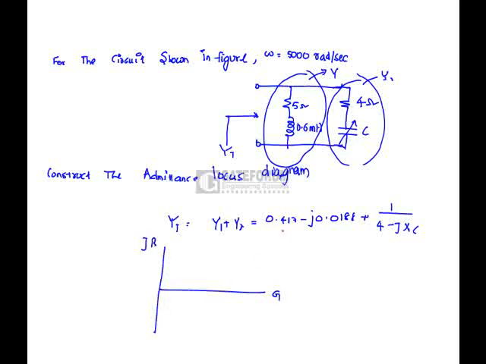Here this is going to be minus j0.0188, this is 0.417, this is the y1. Whenever Xc is infinite, this is 0, and Xc is 0 means 0.25. So it is a kind of semicircle.